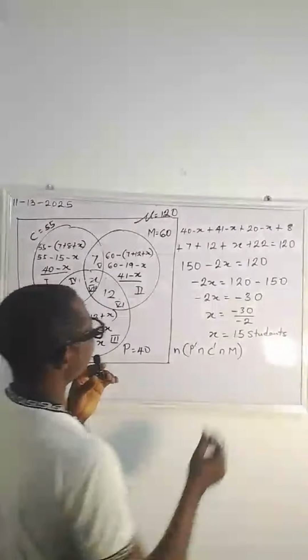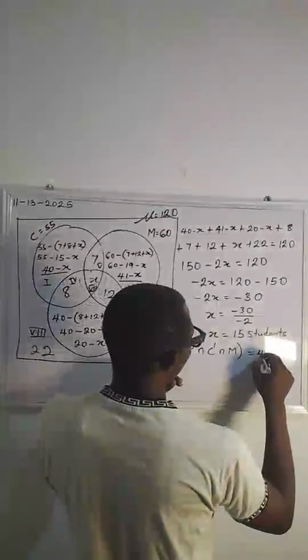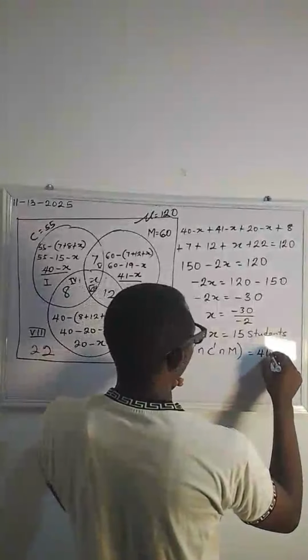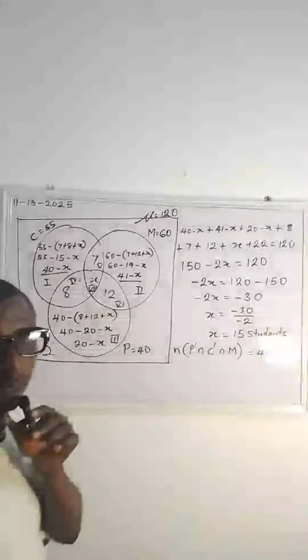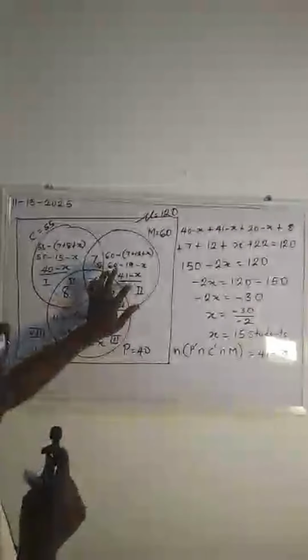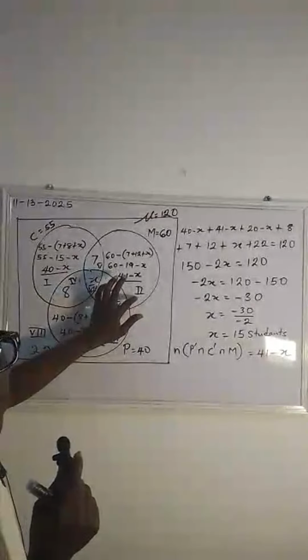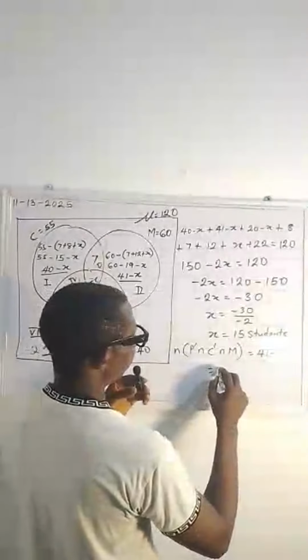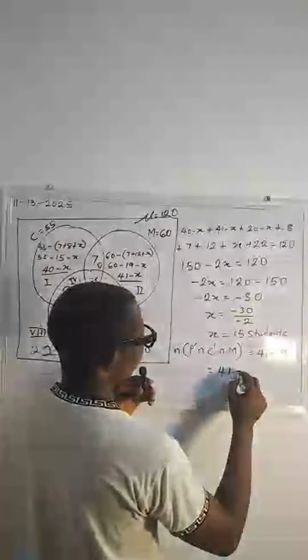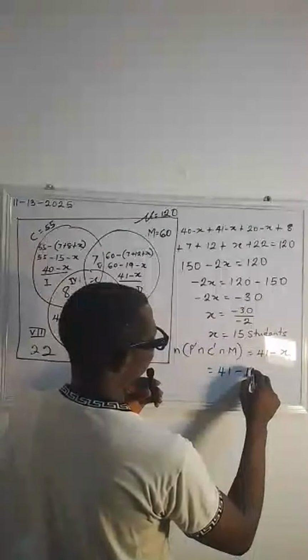And that is equal to 41 minus x. Hope you get that. Now, can you see that? Yes. So now you have 41 minus 15.